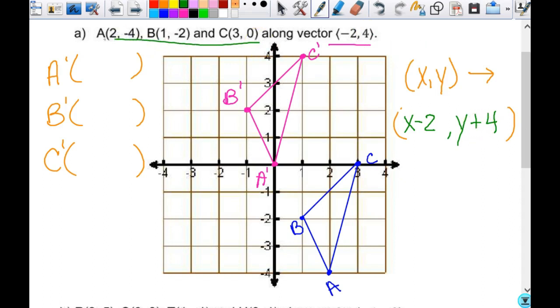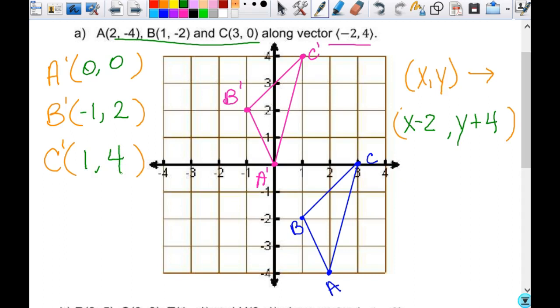I have (2, -4), so I take the x, I subtract 2, 2 minus 2 is 0. -4 plus 4 is 0. B, that's 1 minus 2, so it's -1. -2 plus 4 is 2. 3 minus 2 is 1. 0 plus 4 is 4.